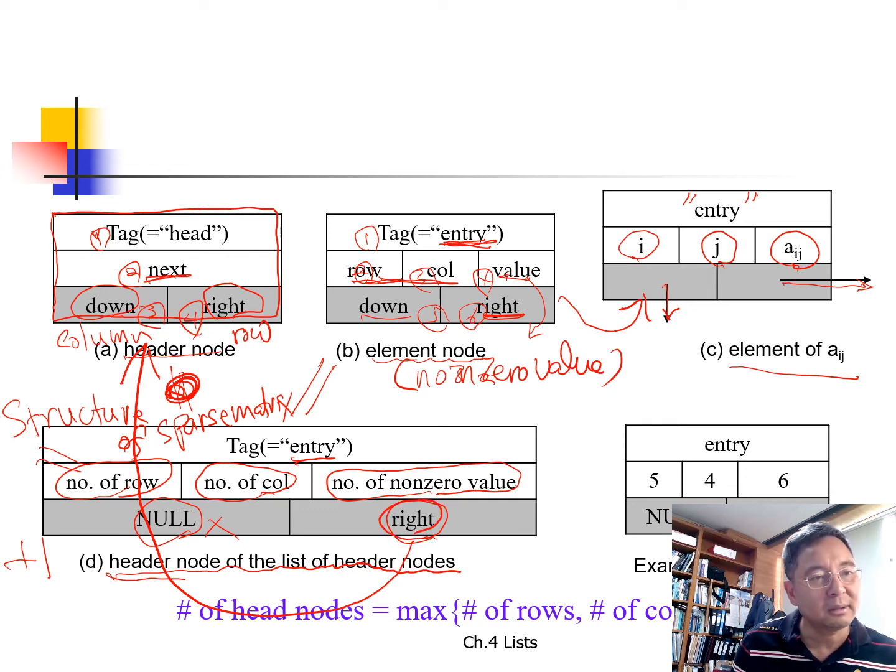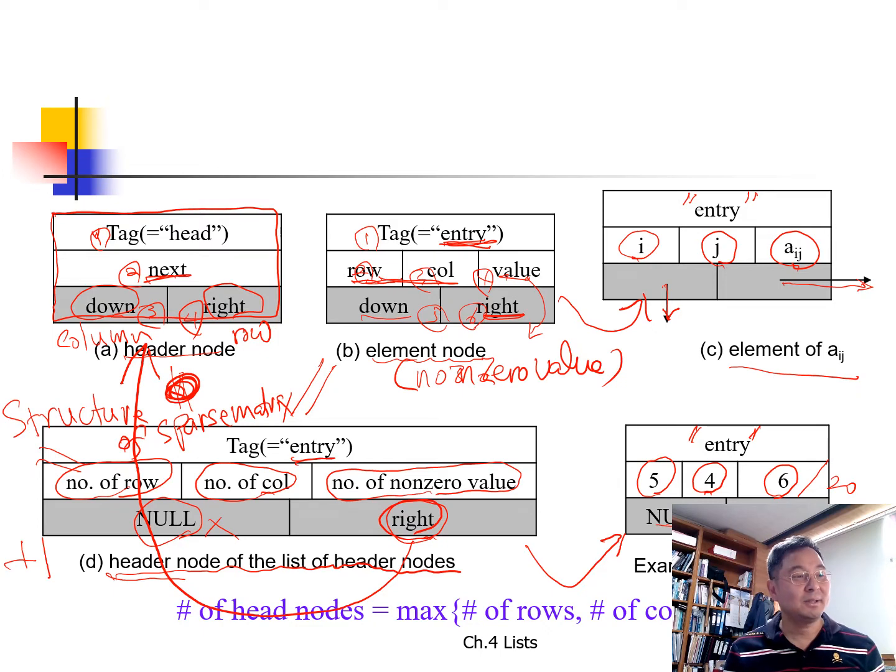So the example of D is here: the tag field is entry, the number of rows is 5, the number of columns is 4, and the number of non-zero values is 6 among the 20 values. The down field is null, and the right field will point to the next header node.